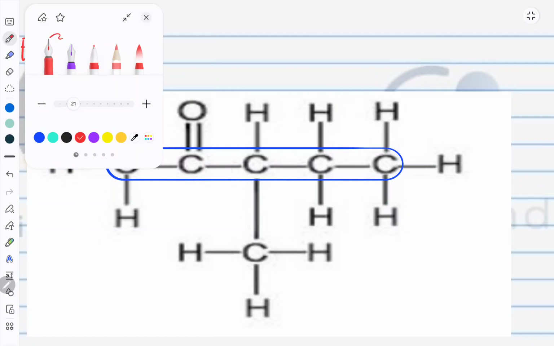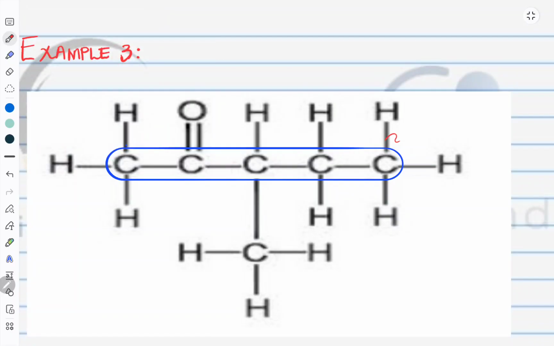Now let's check. If we start numbering from right to left, we will have 1, 2, 3, 4, and then 5. So in this case, the carbonyl group is on location 4, or carbon atom number 4.